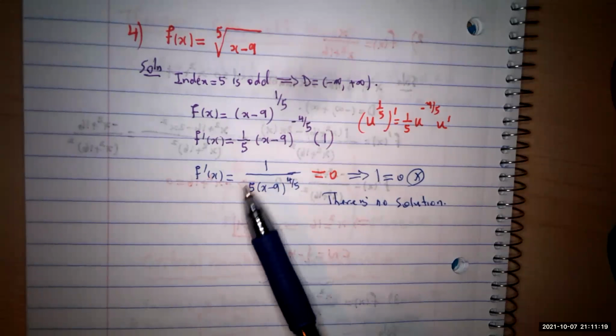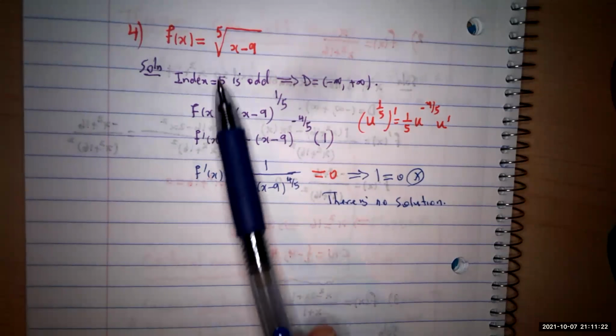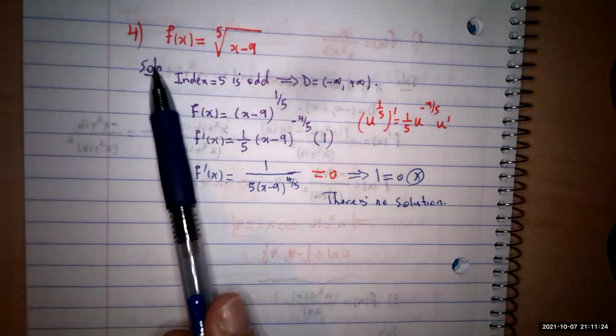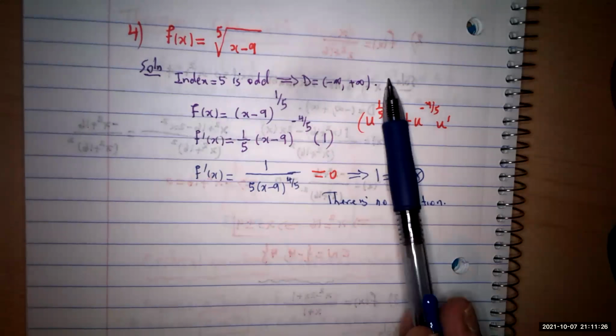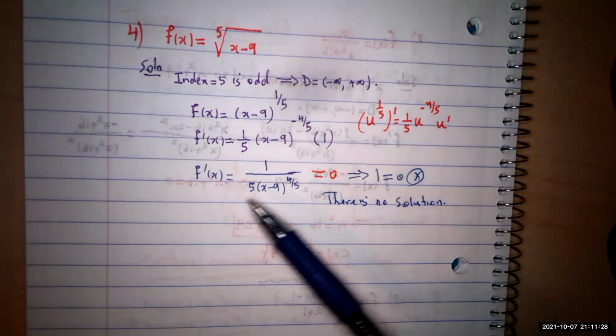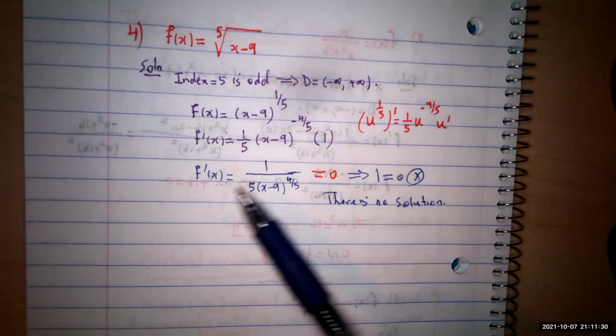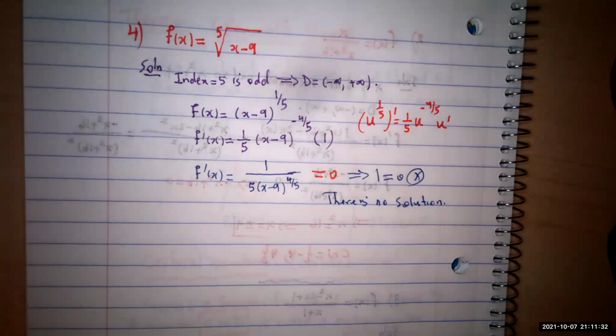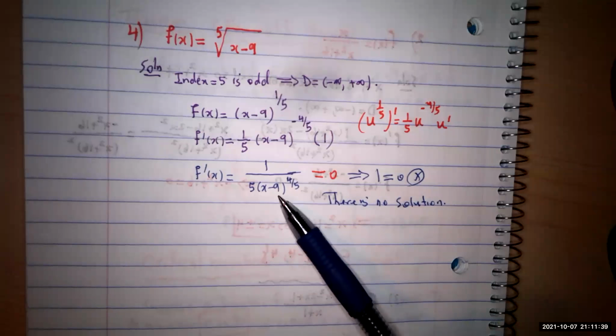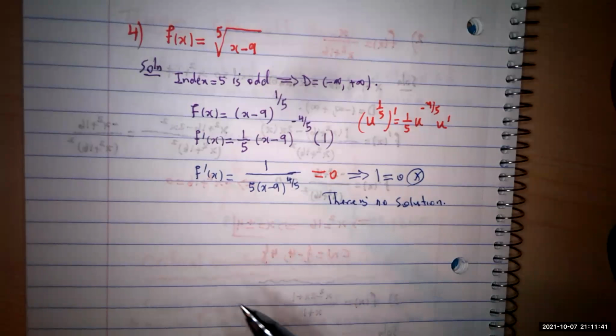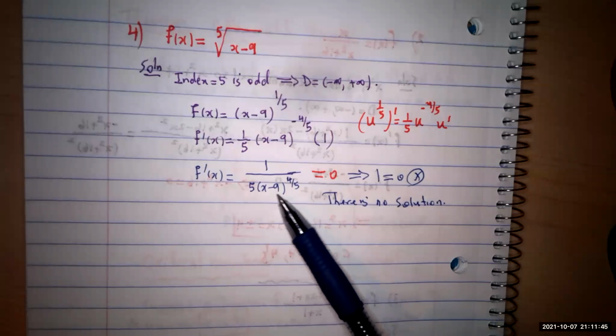So when we started with f, it was a radical function. The domain of that radical function was all real numbers. But when you find f prime, you change it to a rational function. You know that a rational function is not defined when the denominator is 0. So you check to see for which value of x this denominator would be 0. Any suggestion?